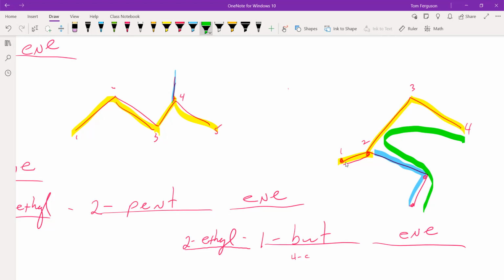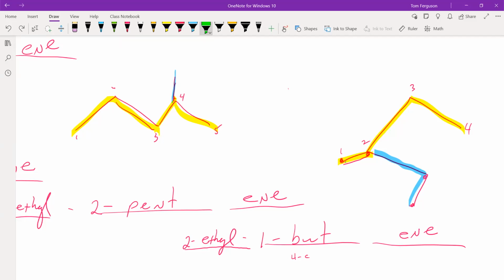Yeah, exactly, because it doesn't include the double bond. So again, his question was really important, and I kept emphasizing it. The backbone has to contain the functional group. Period. No exceptions.